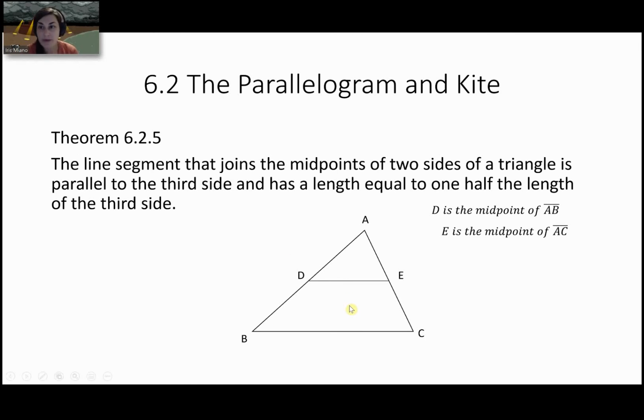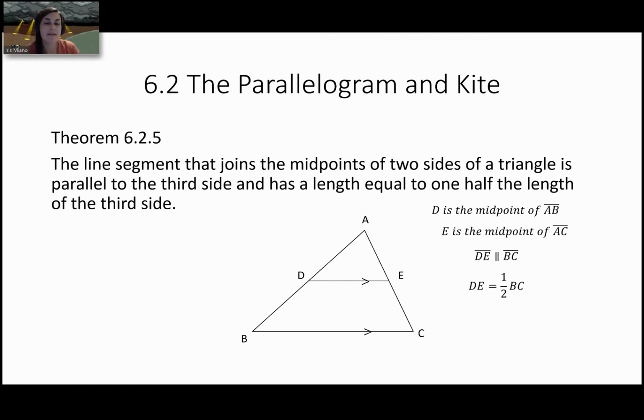So I believe you have space and maybe even a triangle that's already in the lecture notes. Definitely draw yourself midpoints D and E on line segments AB and AC respectively, and then join them together with a line.